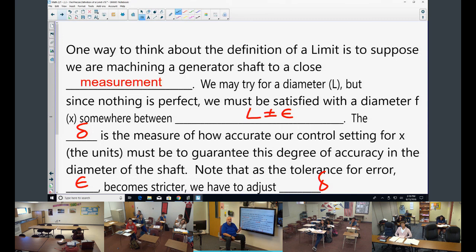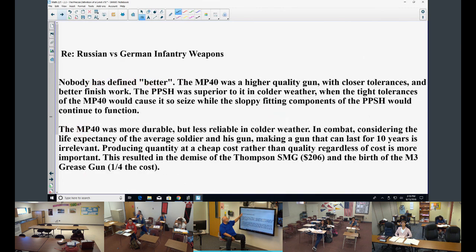In a lot of ways that helped contribute to their losing the war, because they wanted it to work perfectly, and they paid for it. So this is another one: German versus Russian, the cost, and so on. Anyway, it's the same idea.